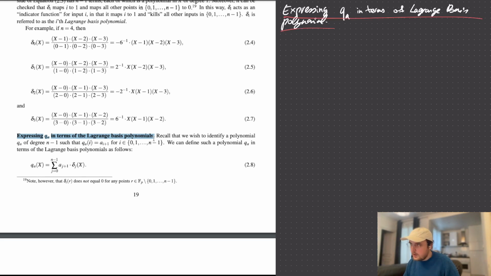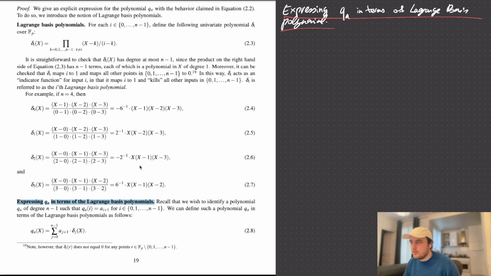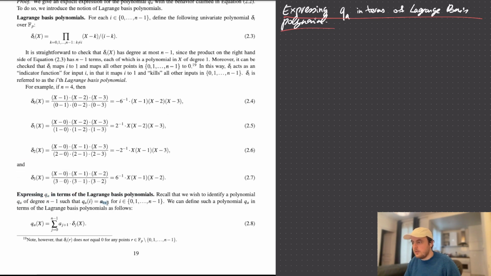Okay. Recall that we wish to identify a polynomial Q of A of degree n minus 1 such that Q of A of I equals A of I plus 1 for every input.